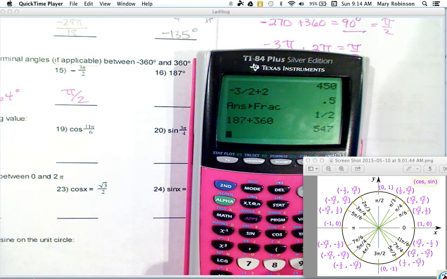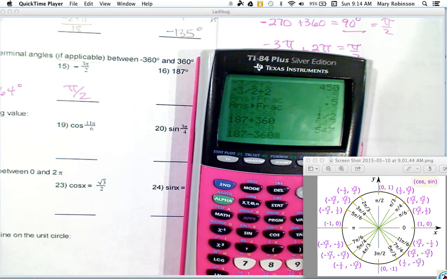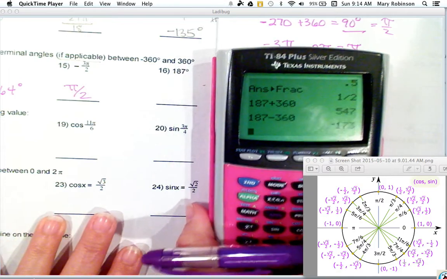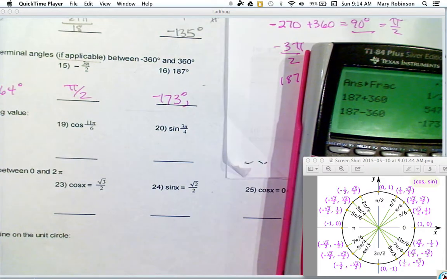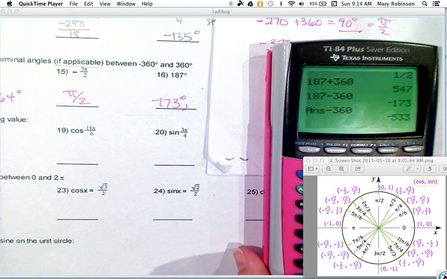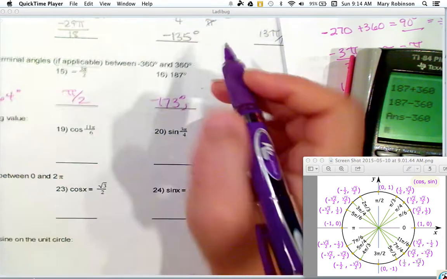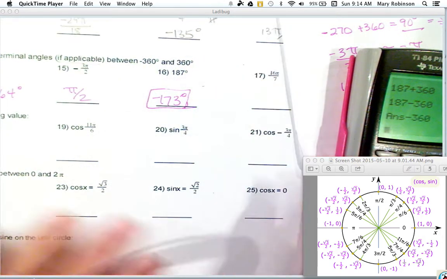So it is a coterminal angle, but it's not within the range I'm asking you for. So 187, if we subtract 360, we get negative 173 degrees. If I were to subtract 360 again, it would go too low, negative 533, so I do not want you to list that. So just this one here.